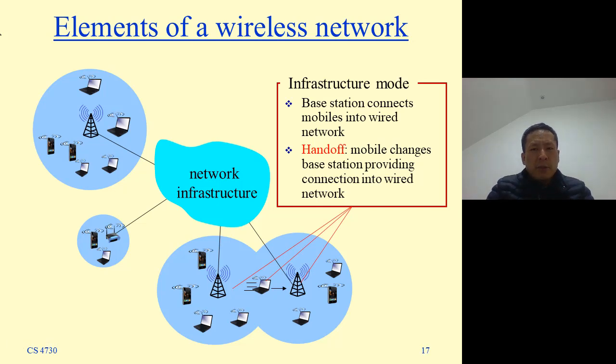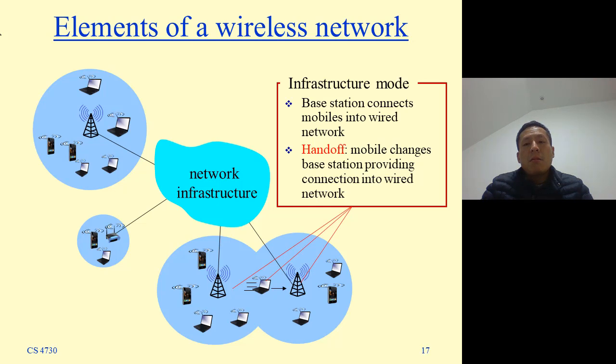So for a wireless network, there are two very typical working modes. The first working mode is called infrastructure mode. Infrastructure mode means that all the mobile stations are connected to the base station.